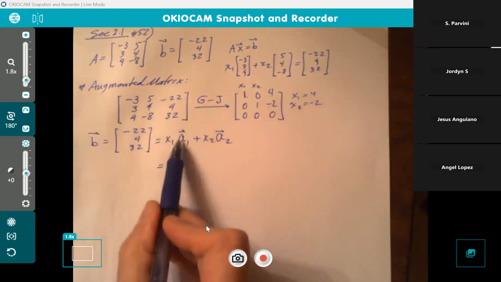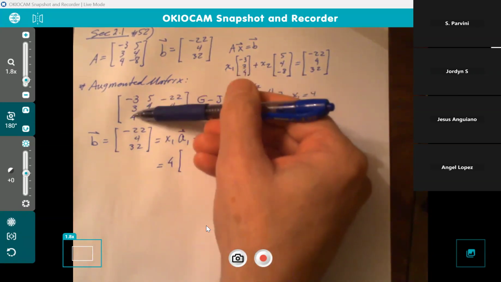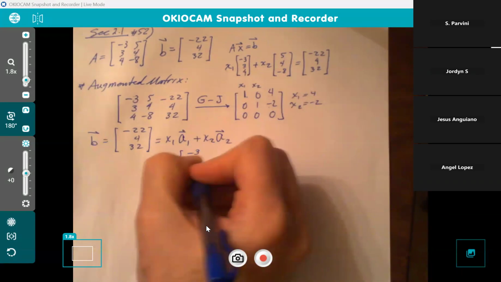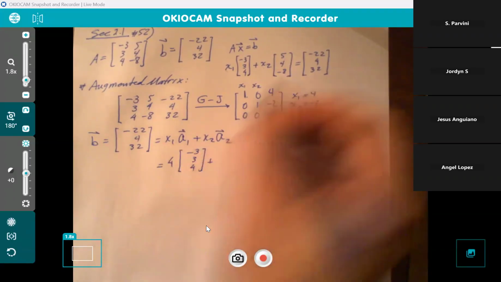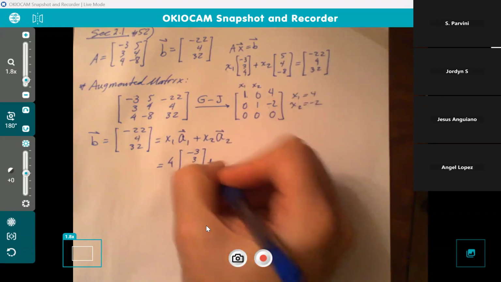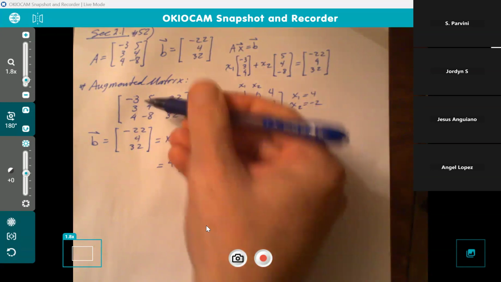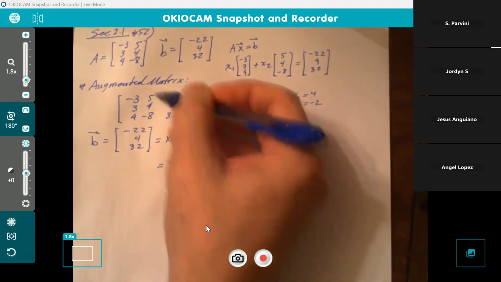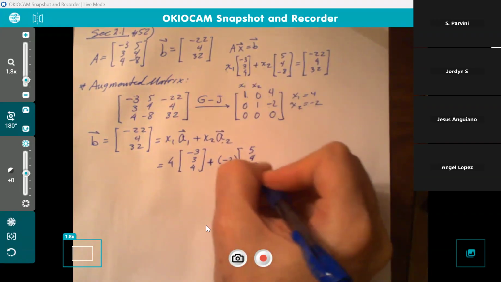What is column vector A1? That's just the vector of these coefficients, -3, 3, 4. Plus x sub 2 is -2, parentheses, -2 times vector A2, a column vector. That's going to be 5, 4, -8.